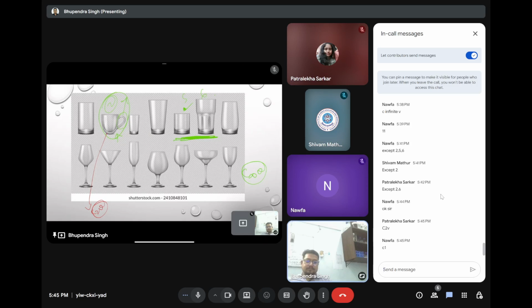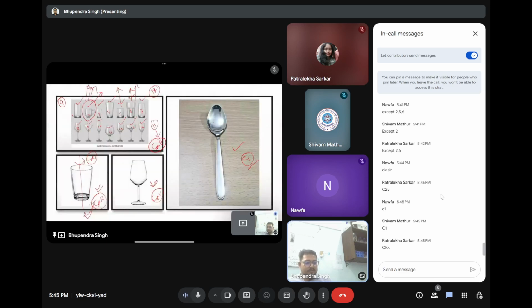Hmm, C1. Nafa is saying C1. It is actually C1 because no axis of symmetry is present. If you rotate this cup, this handle is going to change its orientation. So no axis of symmetry is present, and plane is also not present. So C1.